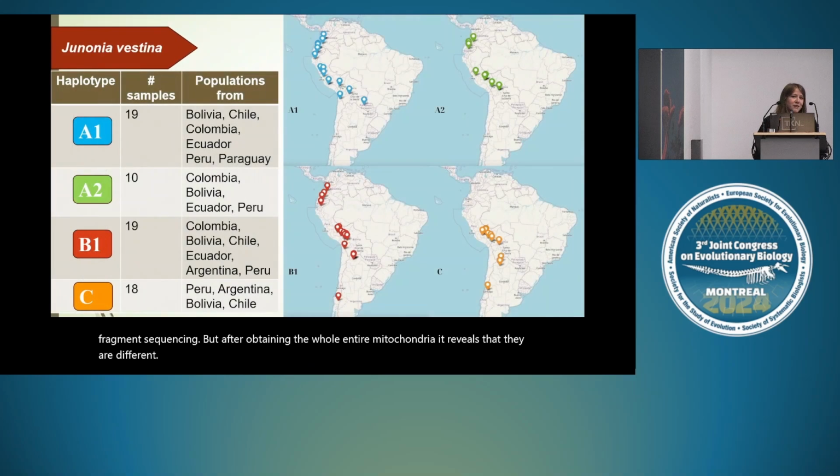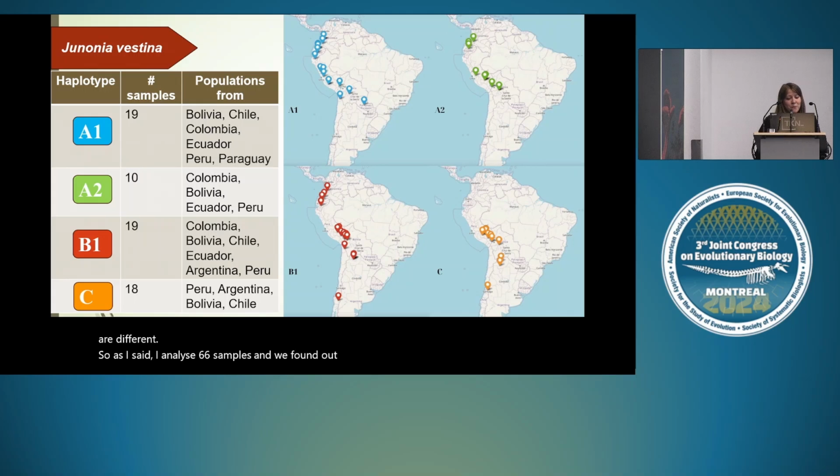As I said, I analyzed 66 samples, and we found that 29% of individuals of Junonia vestina have haplotype A1, mostly in the central and northern parts of South America. Around 15% of individuals have haplotype A2, mostly in the north.